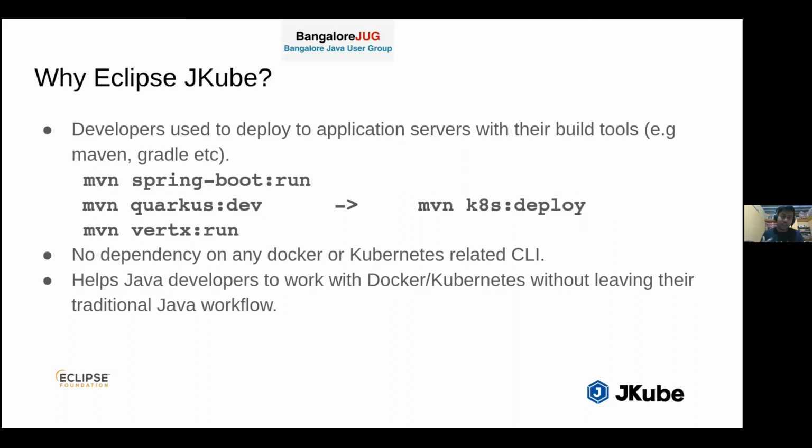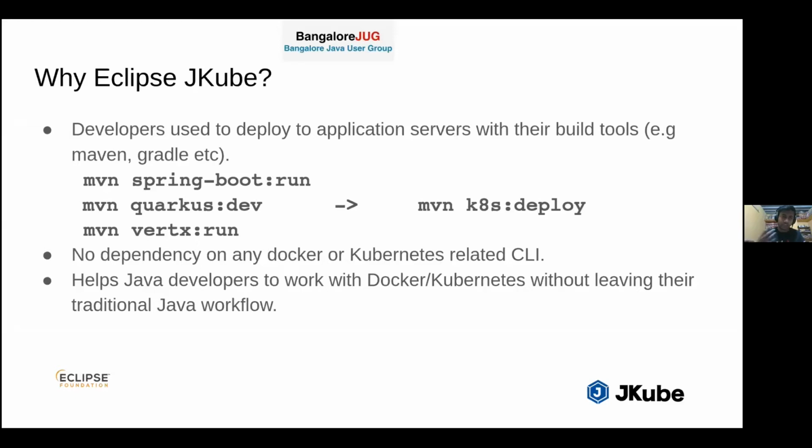Eclipse JKube is a good fit for Java developers because as Java developers, we are used to deploying our application to application servers with our build tools. For example, when you're using a Spring Boot application, you deploy your application using spring-boot:run. For Quarkus, you use quarkus:dev. For Jetty, you use mvn jetty:run.